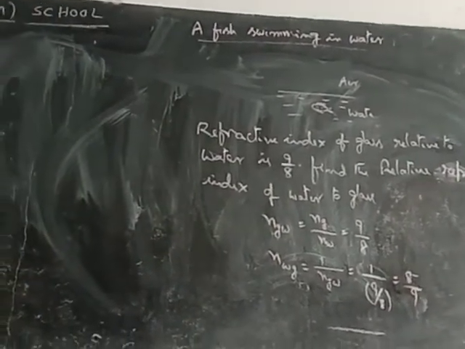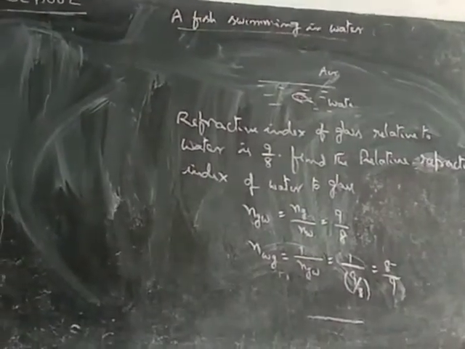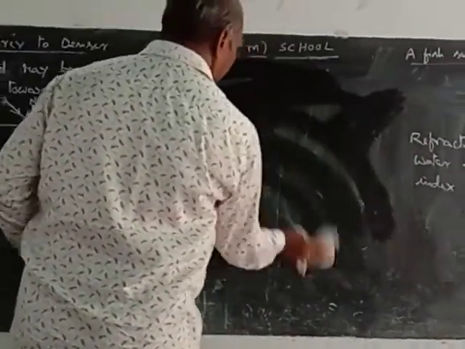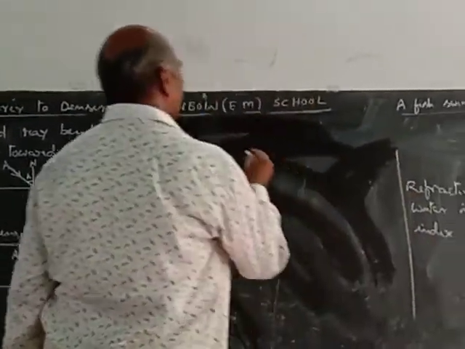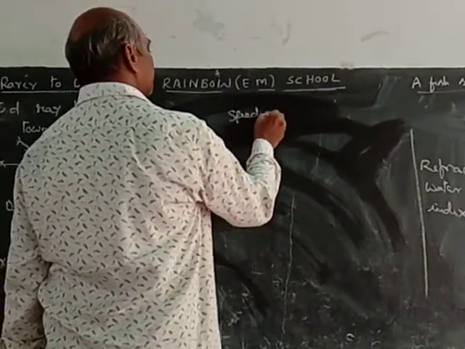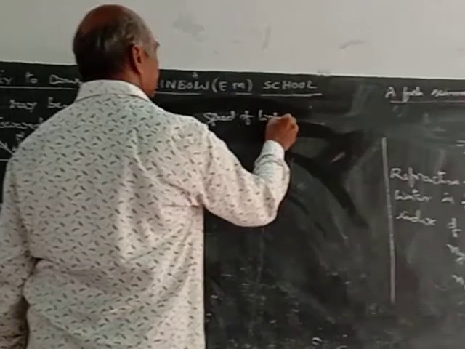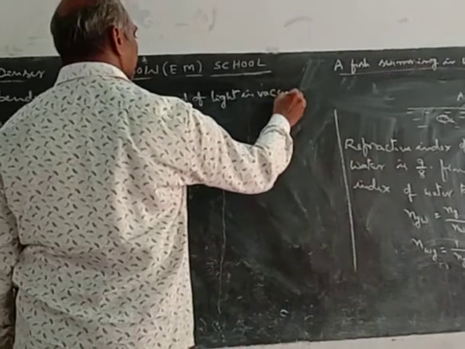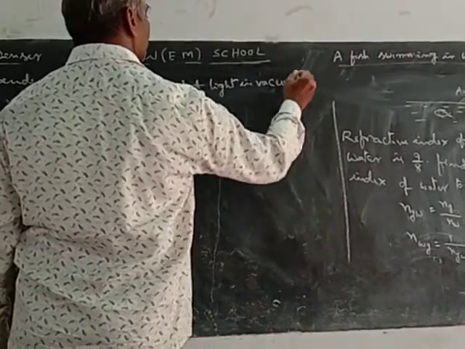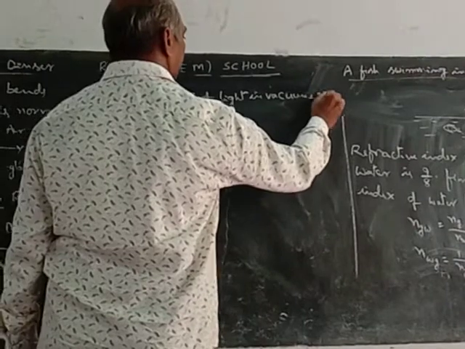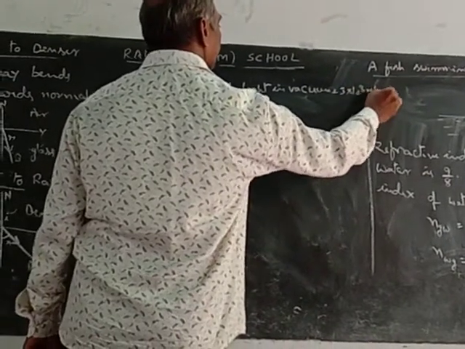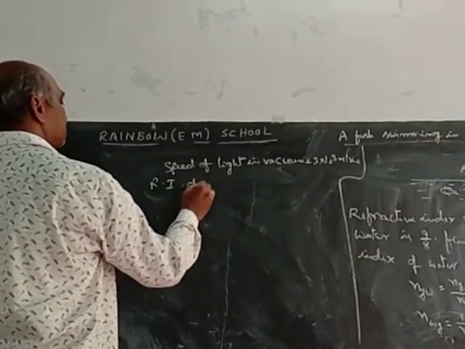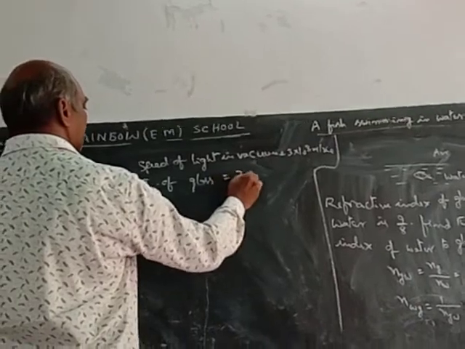Sometimes there is no value given for the speed of light in vacuum. Directly you can write 3 into 10 power 8. This is another example for this. The speed of light in vacuum is given as 3 into 10 power 8, and the refractive index of glass is given, that is 3 by 2.